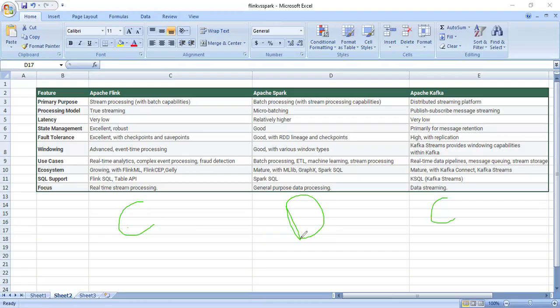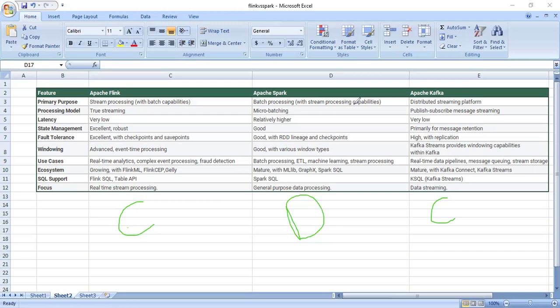Fine. Let us first look at Apache Spark. The main purpose of Spark is batch processing of the data. So in bulk, we load the data into the pipeline, and it is good at processing that data. But Spark also has, to a great extent, stream processing capabilities.